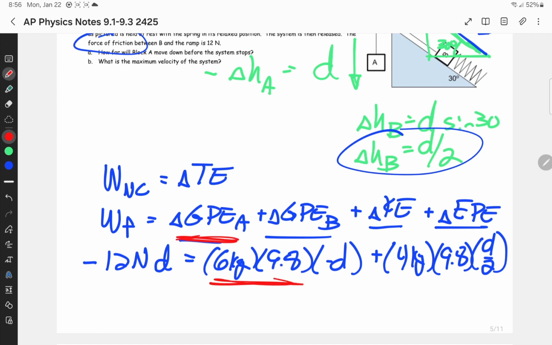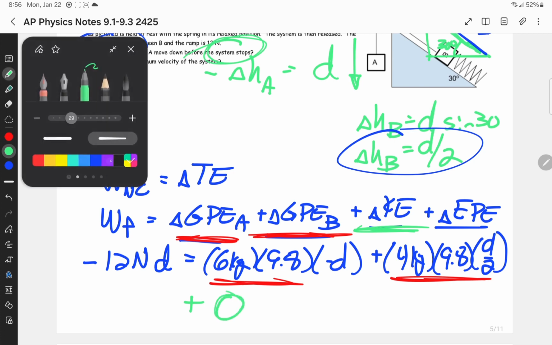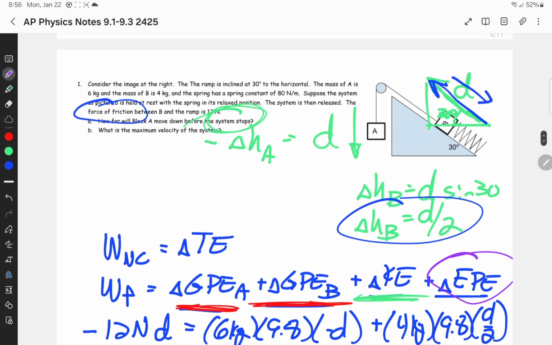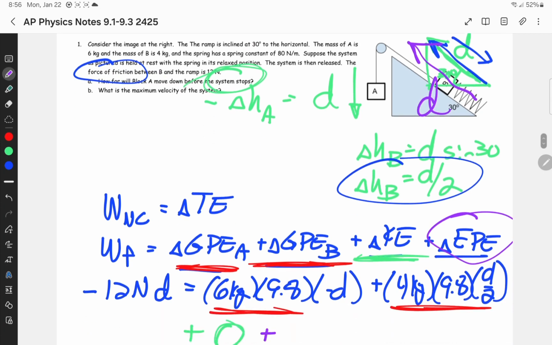Change in GPE for A, change in GPE for B, change in kinetic energy. The block is going to both start and end at rest, since we're trying to figure out how far it goes before it stops. So our change in KE is simply 0. Finally, our change in EPE: as the system moves, our spring is going to stretch by a distance of d.